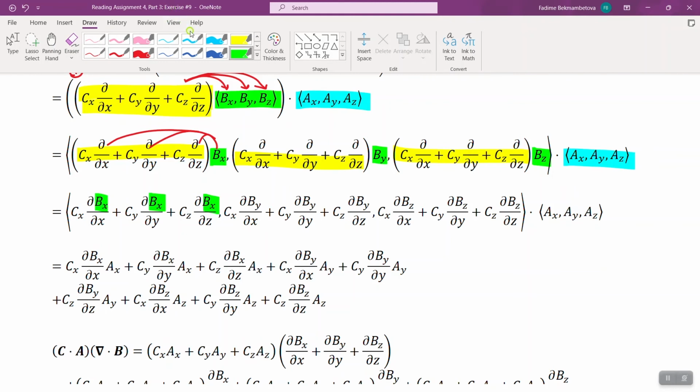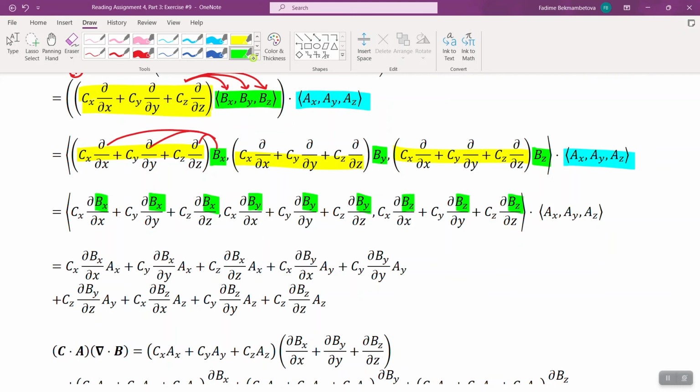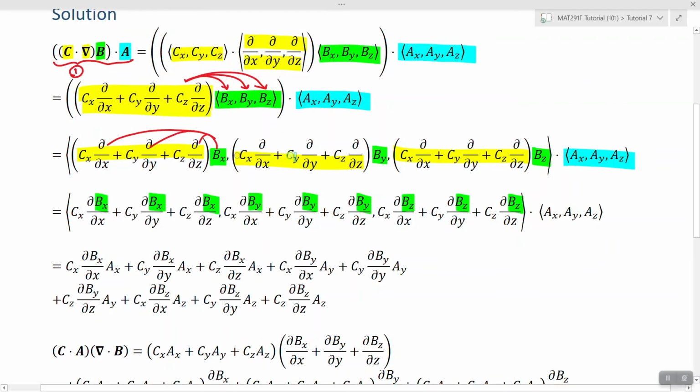Then I do the same thing for the y component, and so then you see this by ends up here, here, and here. And the same thing for the z component, here, here, and here. And as before, we have this a vector over here.